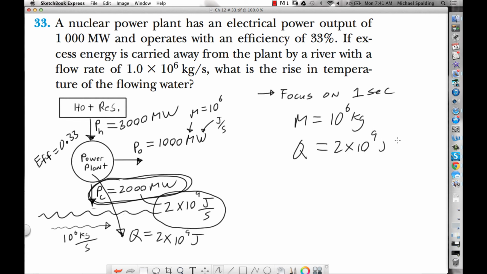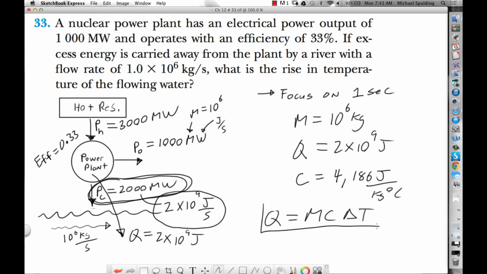Now, there's something else you have to know to answer this question. What do you have to know about water that's not mentioned? The specific heat. The specific heat of water is 4,186 joules per kilogram degree Celsius. And the equation that relates this all is heat equals M times specific heat times change of temperature. Q equals MC delta T. So the change in temperature of the water is going to be Q over MC.